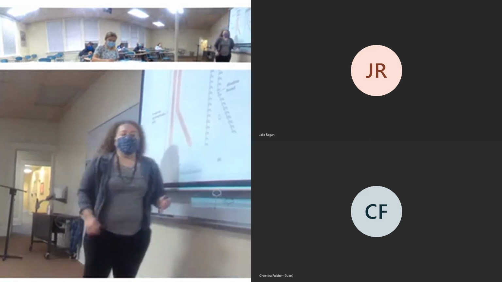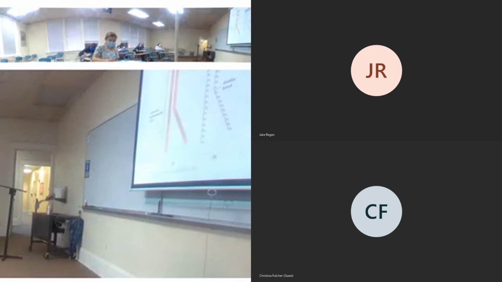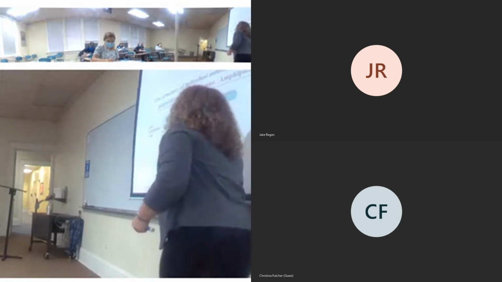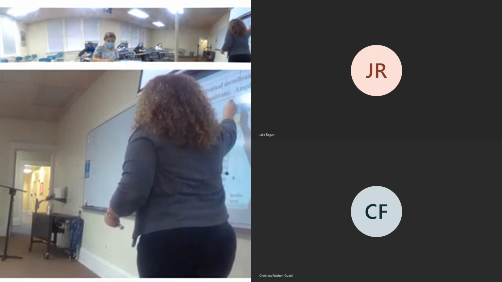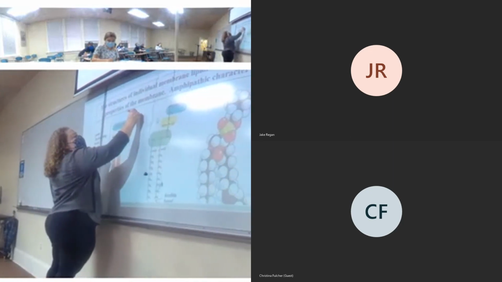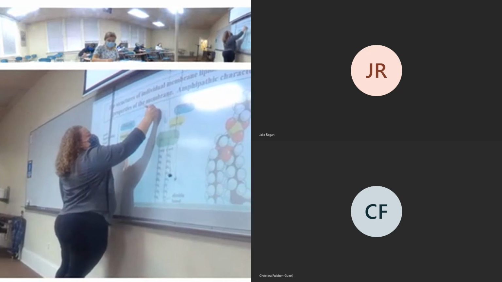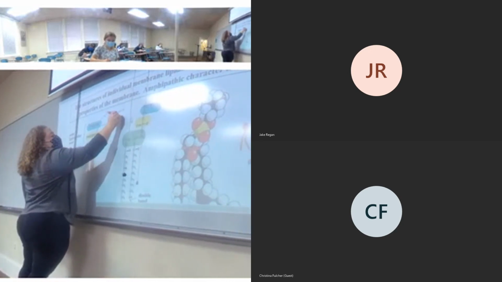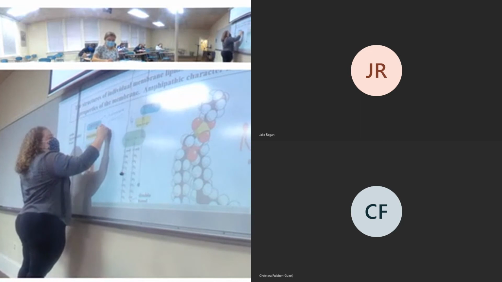Draw a circle around choline. That part is going to be changeable for different lipids. It's changeable for different phospholipids.